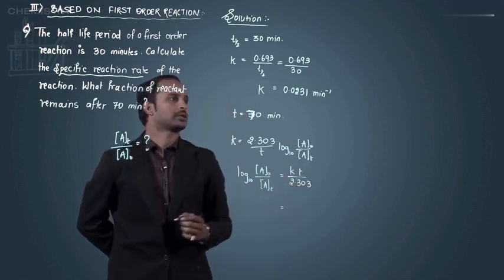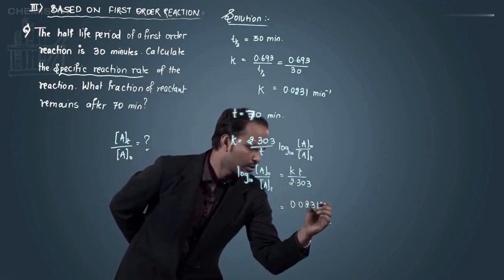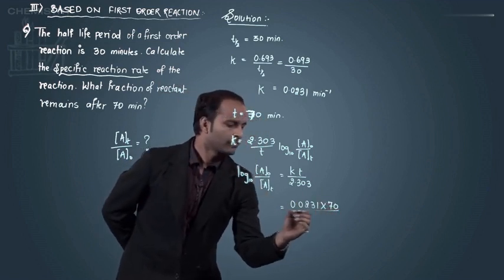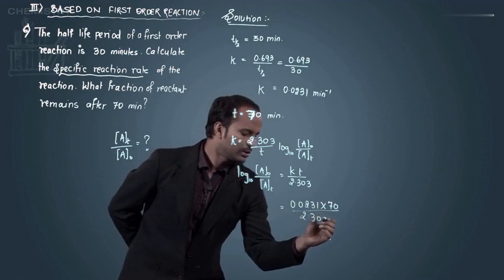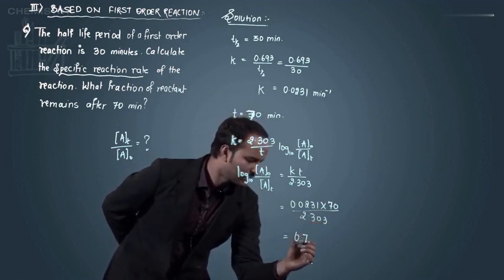So K is 0.0231, time is 70, upon 2.303. After all the calculation you will get 0.7021.